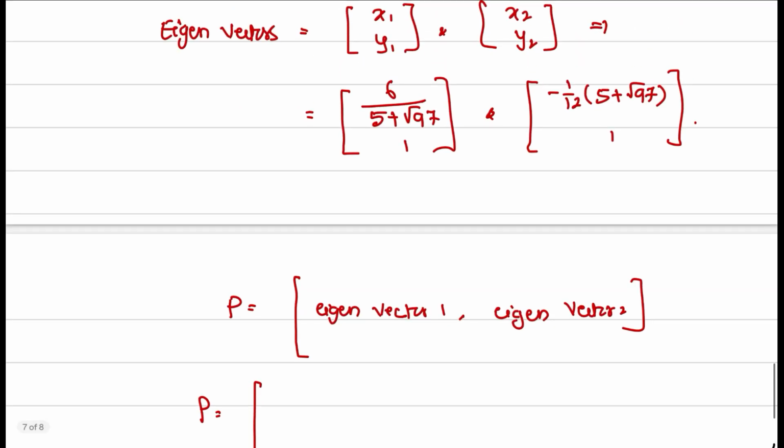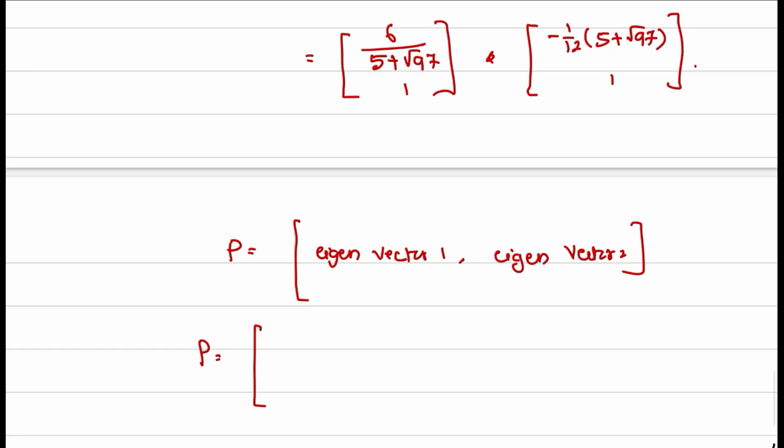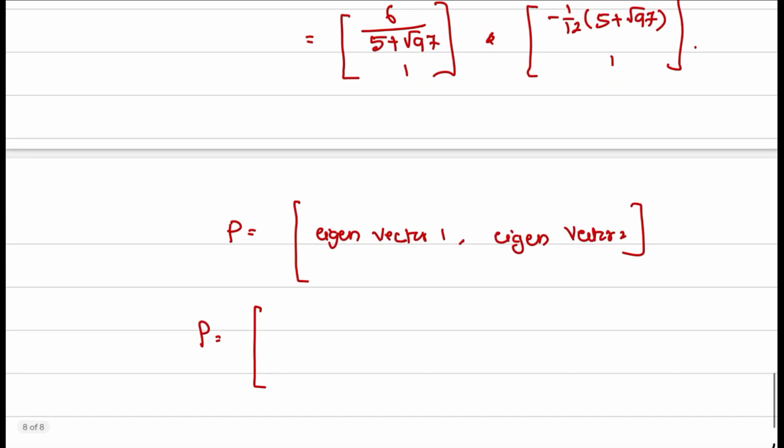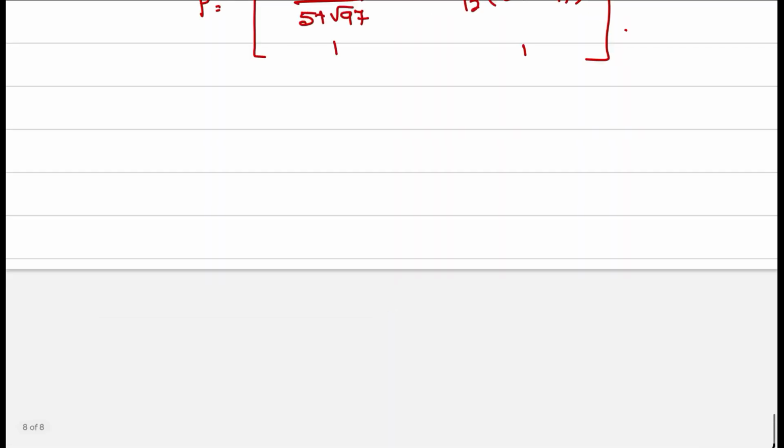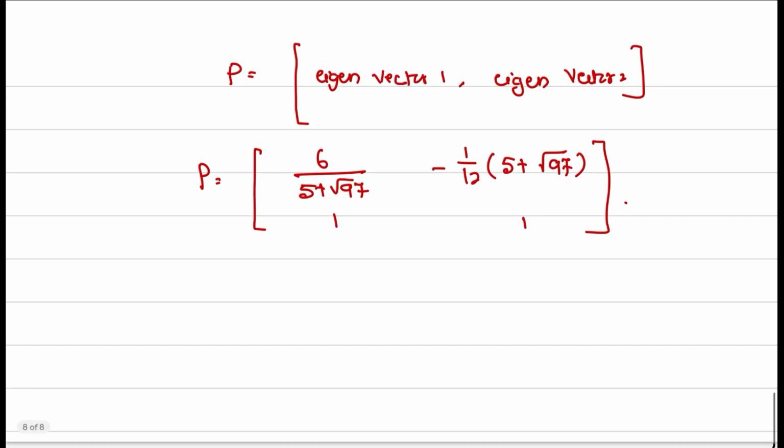Now, 6 by 5 plus square root of 97, 1, and minus 1 by 12 into 5 plus square root of 97 and 1. This is the value of P. What is our equation?